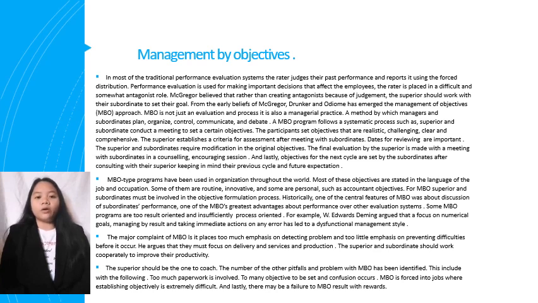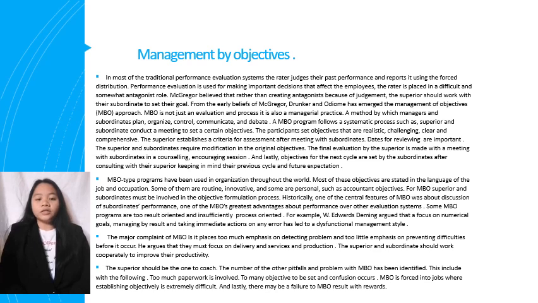An MBO program follows a systematic process. The superior and subordinate conduct a meeting to set certain objectives. The participants set objectives that are realistic, challenging, clear, and comprehensive. The superior establishes criteria for assessment after meeting with subordinates. Dates for reviewing are important.